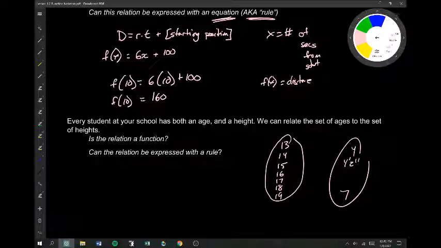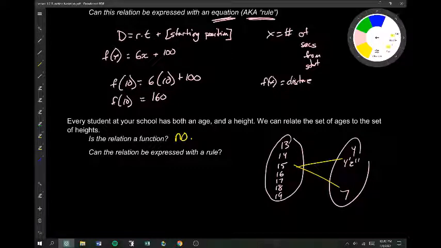Is this relation a function? Do we have certainty? If I said there's a 15-year-old, can you tell me with certainty how tall that 15-year-old is? No. Why? Because there are lots of 15-year-olds and they're all different heights. Some might be 4'2", some might be 7 feet. One input goes to more than one output, so it is not a function.